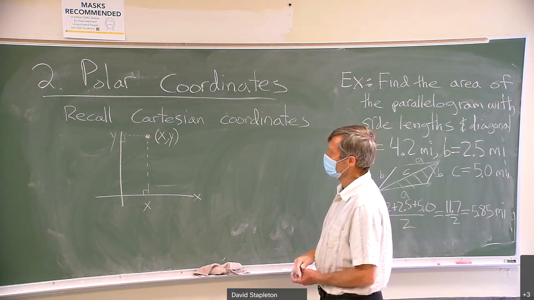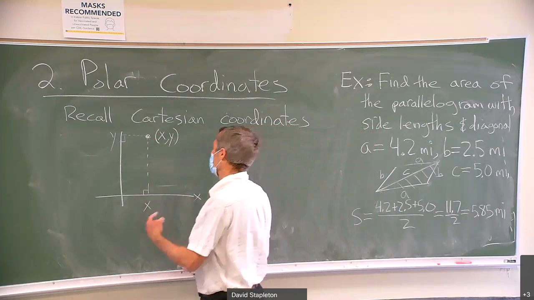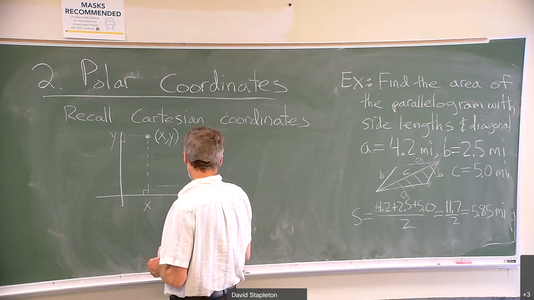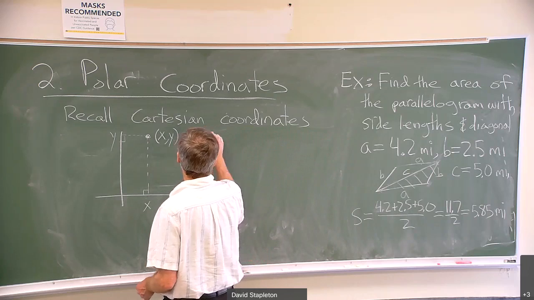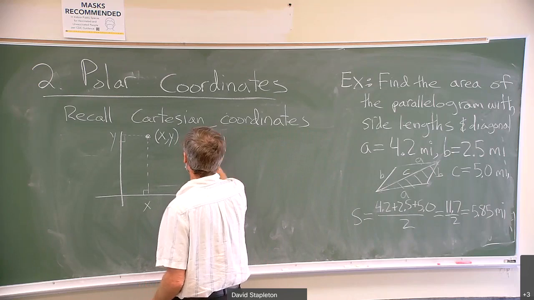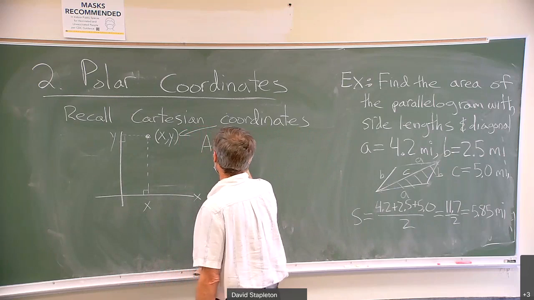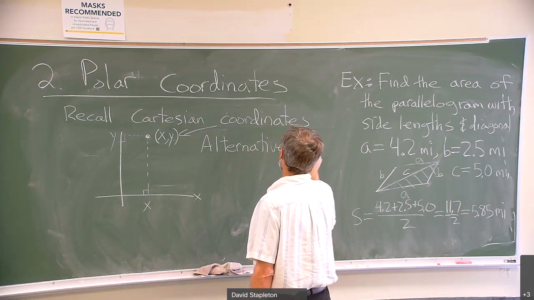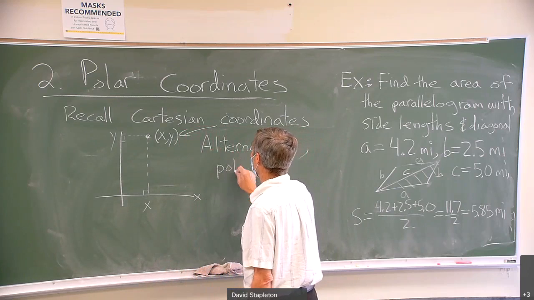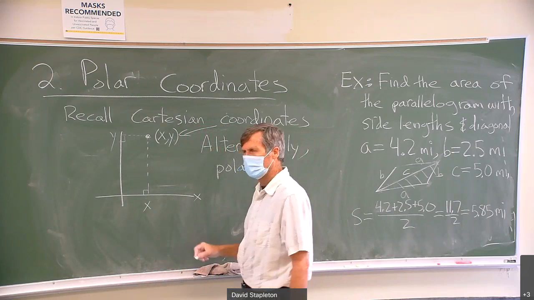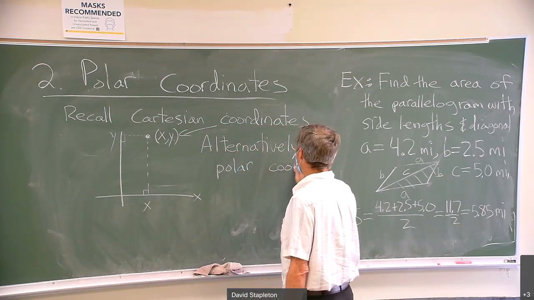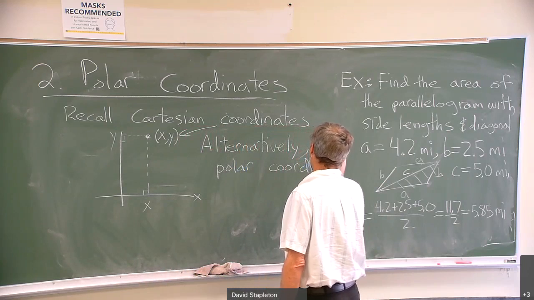Sometimes to get a better symmetry for problems with circles and so forth, and sectors, you want to use an alternative coordinate system. These are our Cartesian coordinates. Alternatively, polar coordinates, which we might see today when the tornadoes come, if they do, because they're really radar coordinates, right?